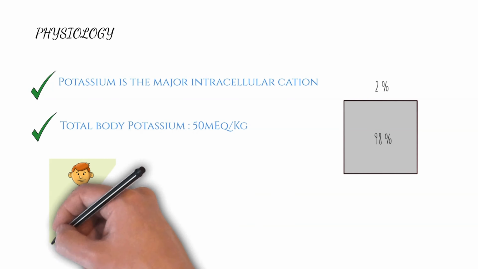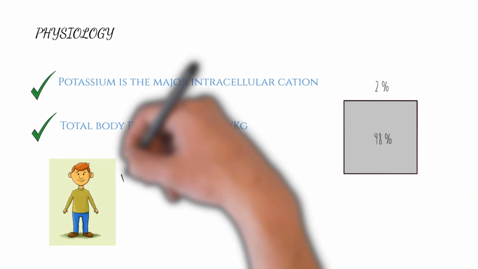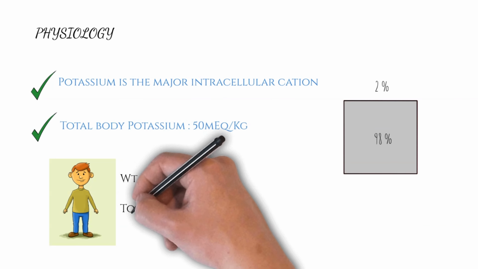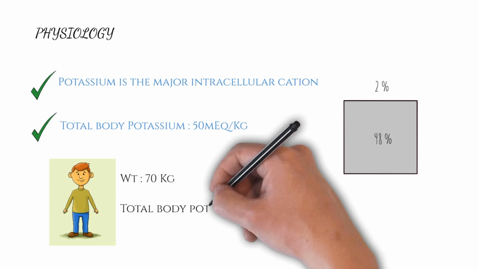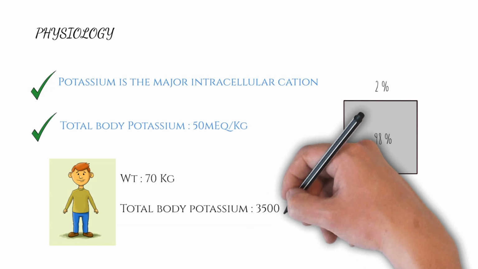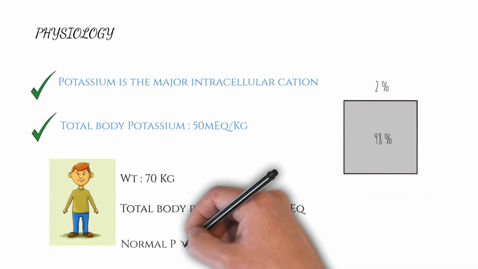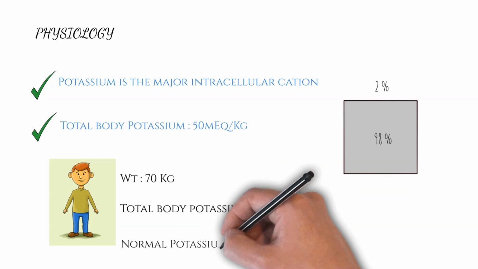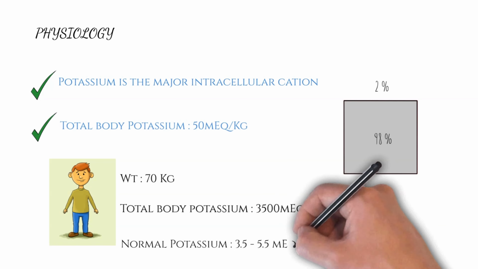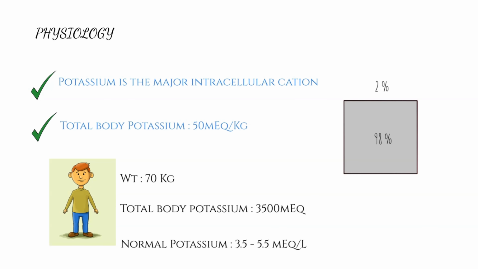So if this is a guy having a weight of around 70 kg, then the total body potassium will be 70 into 50, which is equal to 3500 milliequivalents. And the normal body potassium value is 3.5 to 5.5 milliequivalents per liter. So this is about the physiology of the potassium ion.